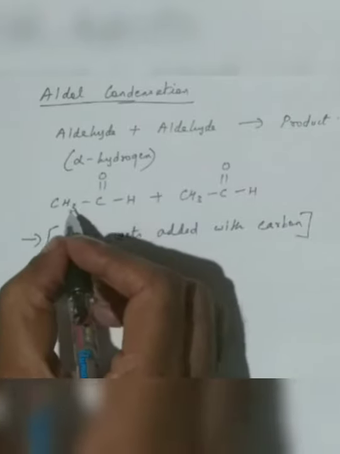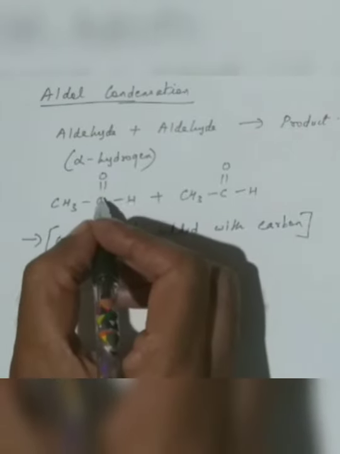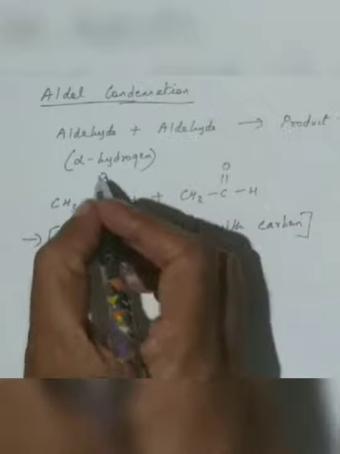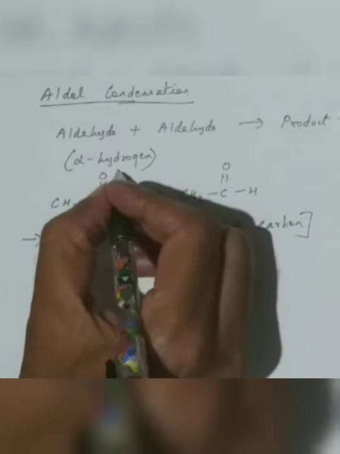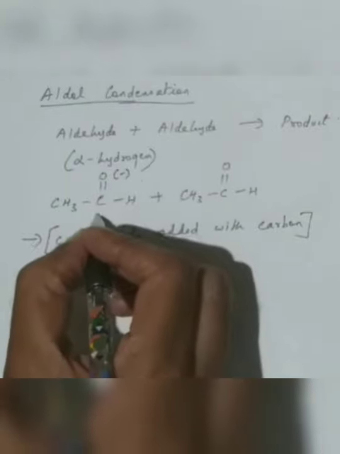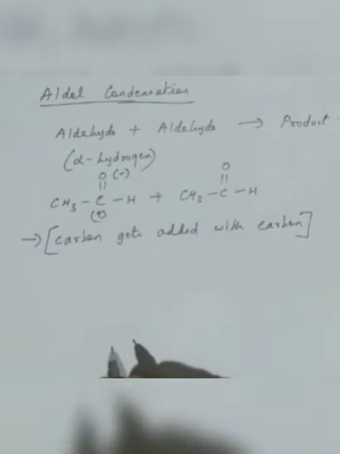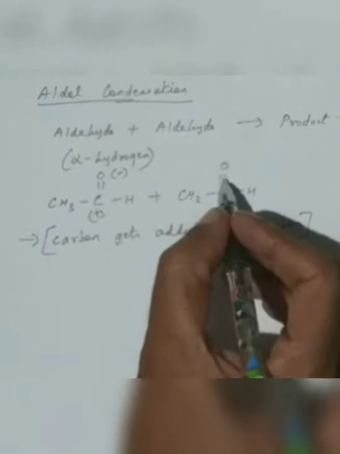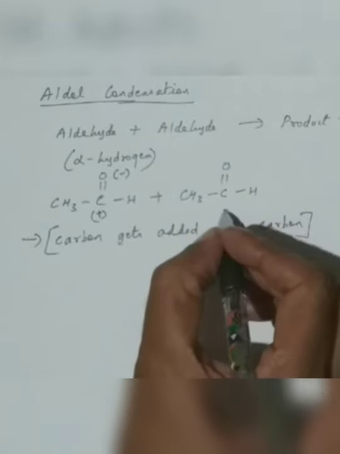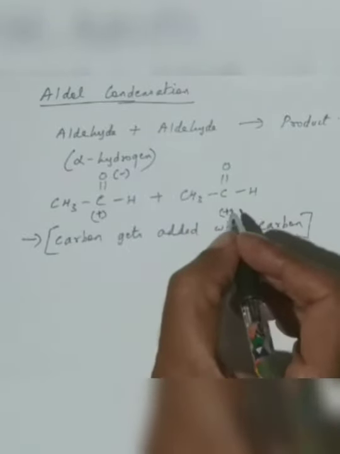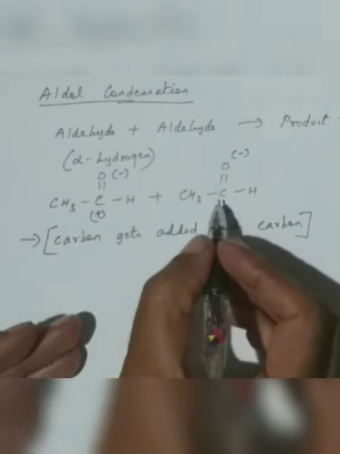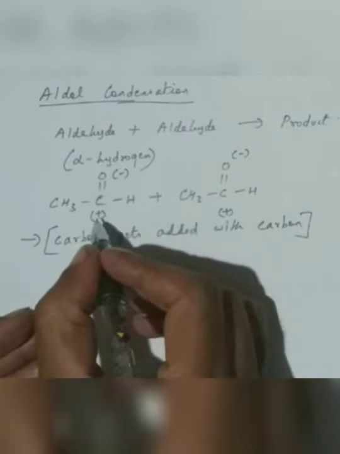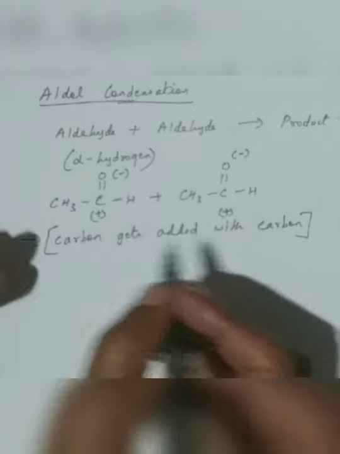Let us understand a few basic things here. In acetaldehyde, we have a C double bond O. Because of the electronegativity, oxygen will have the negative sign and carbon will have the positive sign. The same applies here generally. So, this carbon must have a positive and the oxygen a negative. Just imagine, when both the carbons have a positive charge, we can't add them.